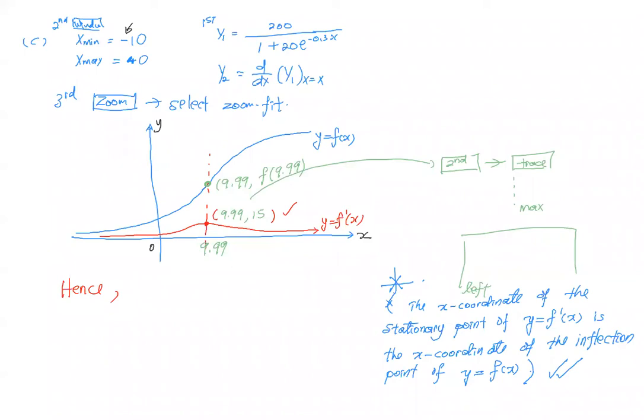So you can use your graphic calculator to help you. You say when x equal to 9.99, your y1, you should know how to get it from your graphic calculator, correct? Okay. May I know what is the answer?